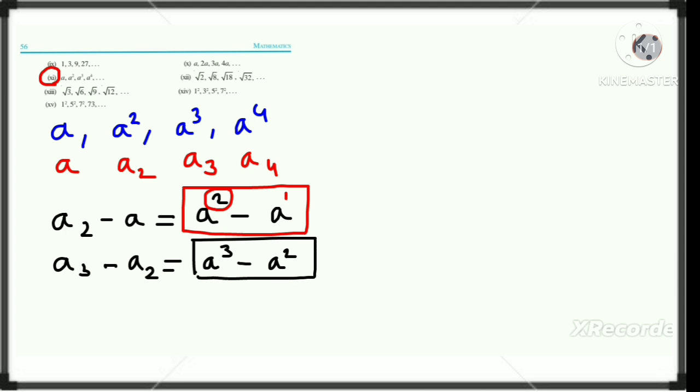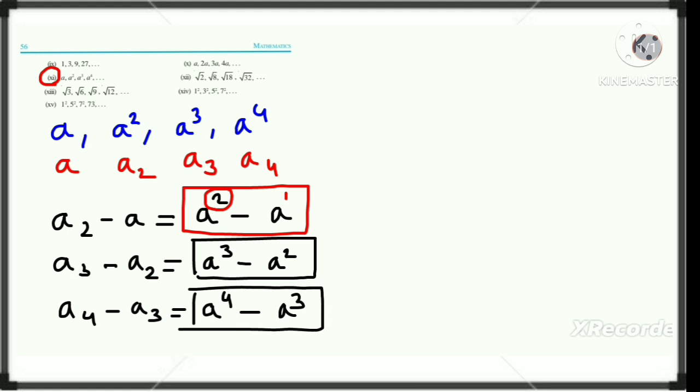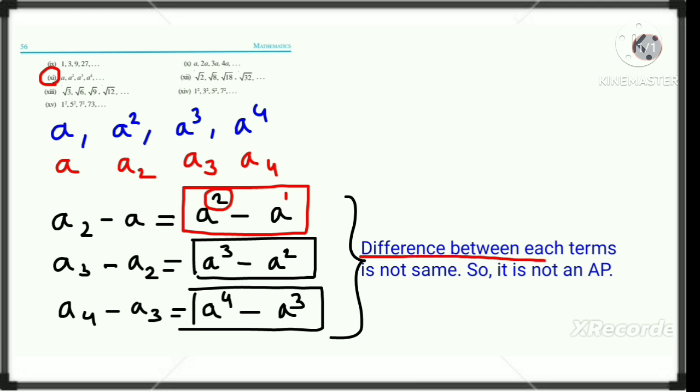Now difference between a4 and a3. a4 equals A to the power 4 minus a3 equals A cube. It also can't be subtracted. Here we came to know the difference between each term is not the same, so it is not an AP.